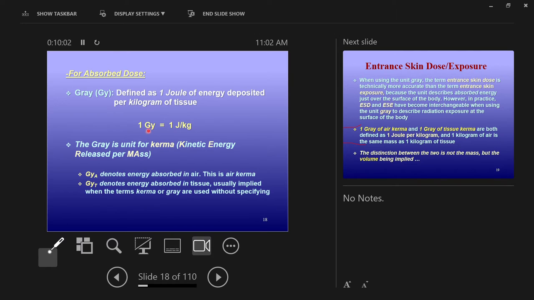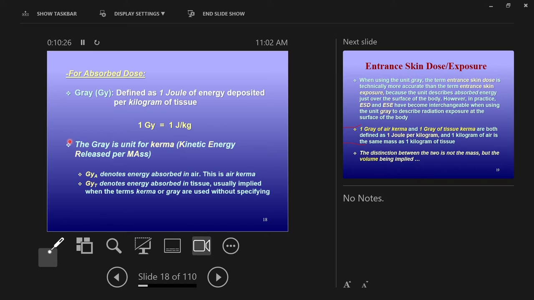Okay, one gray is a joule of energy per kilogram of tissue. The gray is the primary unit we're going to use to talk about absorbed dose. And interestingly, we also use the gray in place for exposure too. I know I just gave you the Coulomb per kilogram, but the gray is also used to talk about exposure, okay?